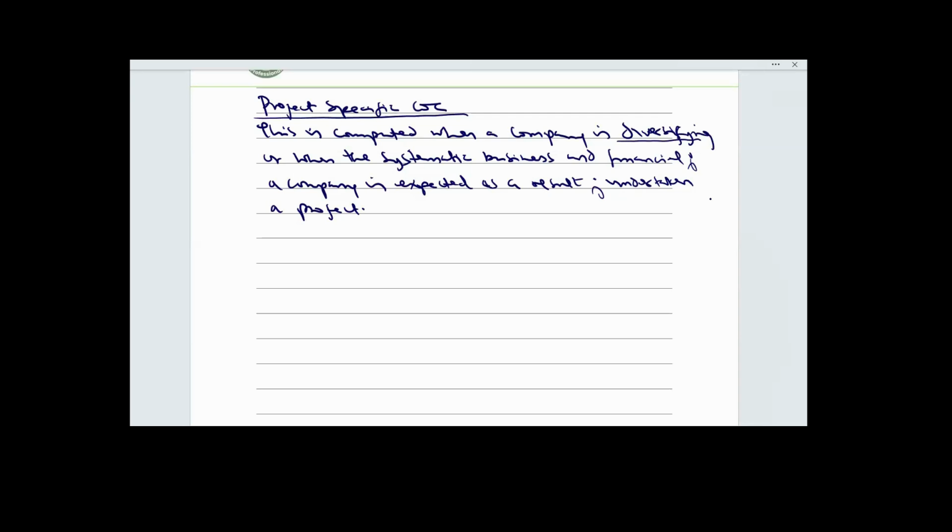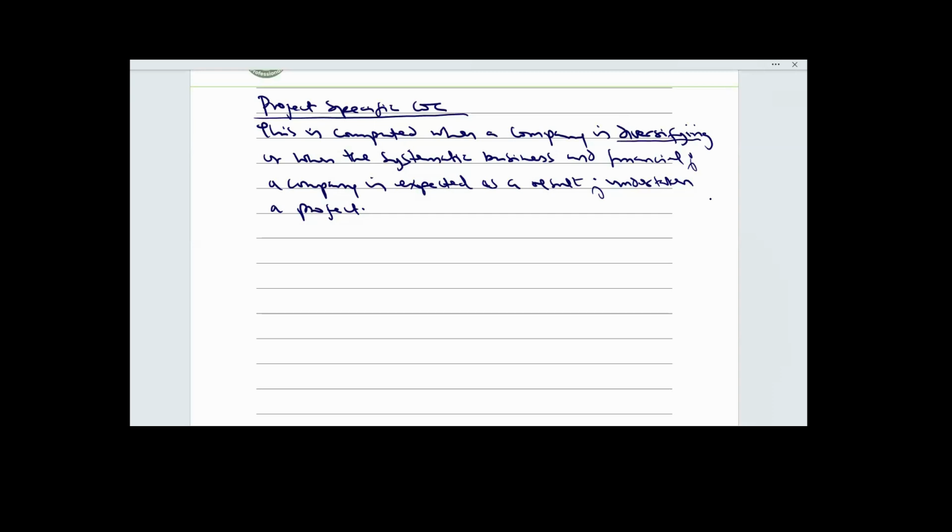So once you can identify from the question that the company is diversifying, then you need nobody to tell you that you are supposed to calculate project specific WACC. Once there is indication in the question that the company is diversifying, then you are supposed to calculate project specific cost of capital.